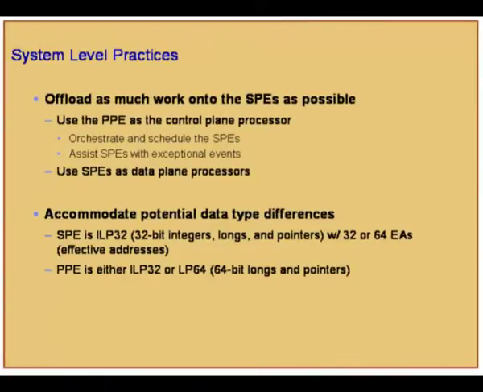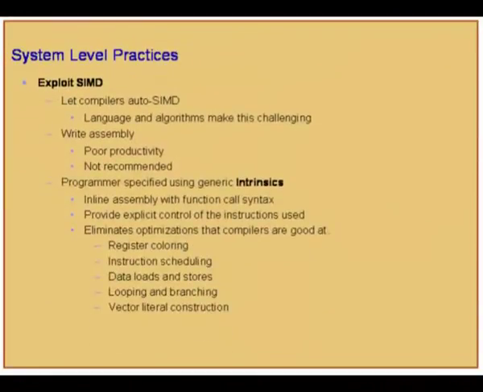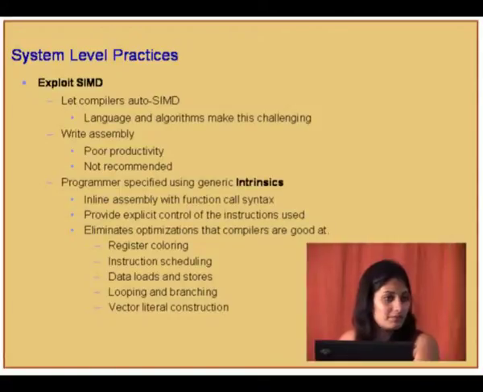Accommodate potential data type differences. Just examine your data and see if you really need 64-bit doubles or floats versus 32-bit versus 16-bit integer multiplies. Exploit the SIMD. Write your code so that there are no false dependencies. Let the compilers do the auto-SIMDization. If there are false dependencies in your code, the compiler's hands are tied.